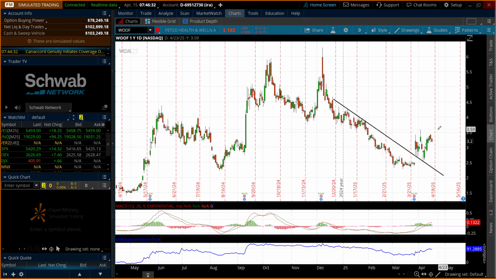Now, the caveat on this is always the overall market. You can take the best bullish setup in the world, and this looks like a great one right here, and the White House could come out with something in 5 minutes and the market drops 200 points. I mean, we've seen this happen over the last week and a half. Challenging market.